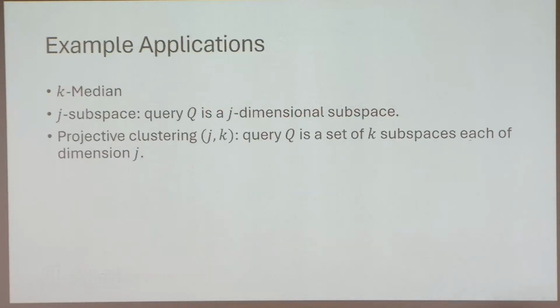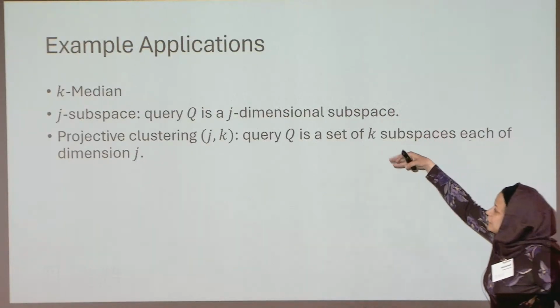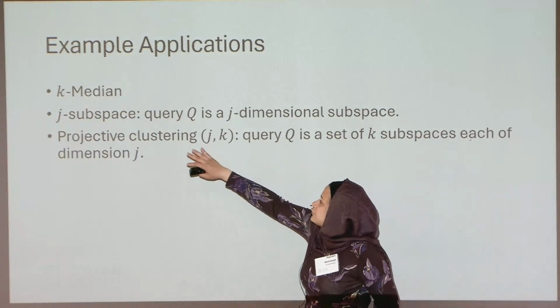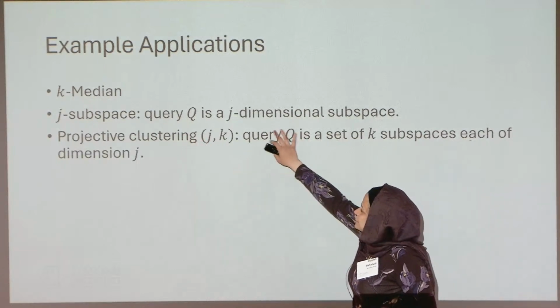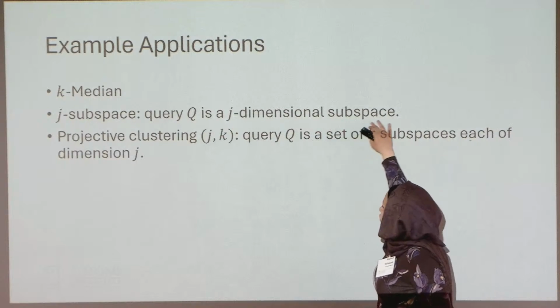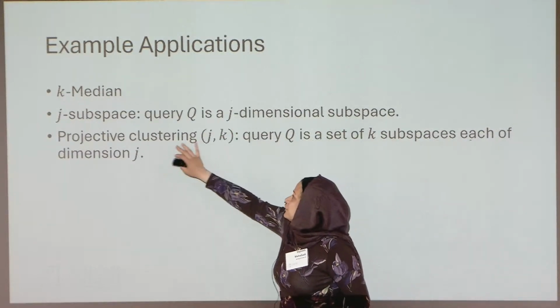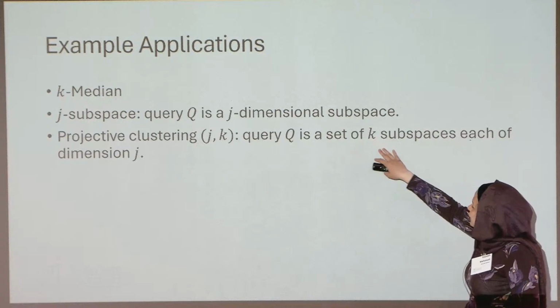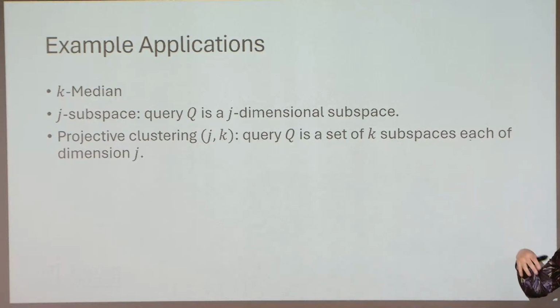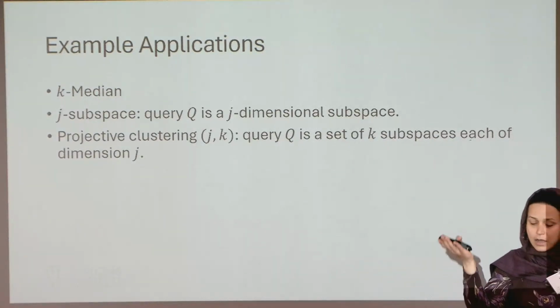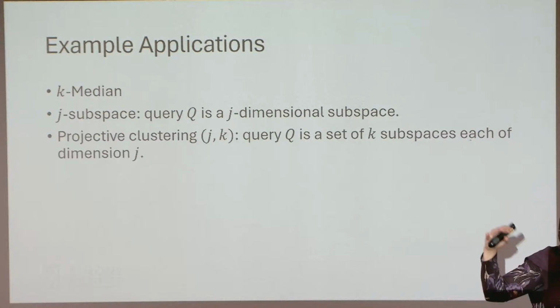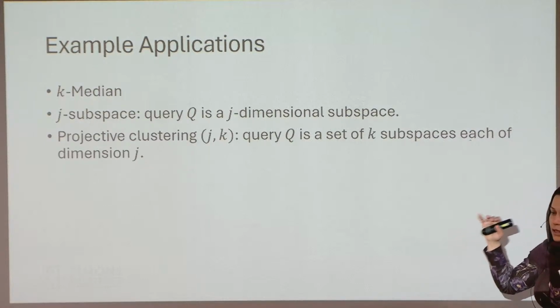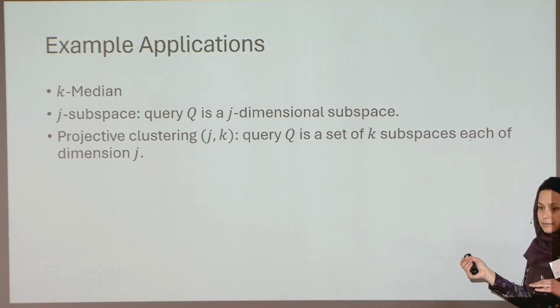So apart from k-median, this algorithm gives coresets for j-subspace, when the query is a j-dimensional subspace, or for projective clustering, when the query is a set of k subspaces, each of dimension j. This is basically when we want to see how our data fits into a collection of, for example, k subspaces of dimension j.